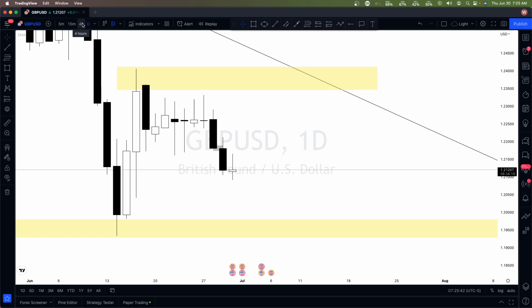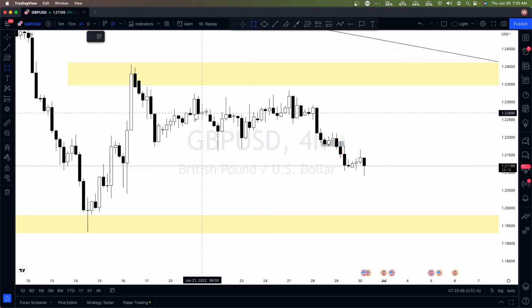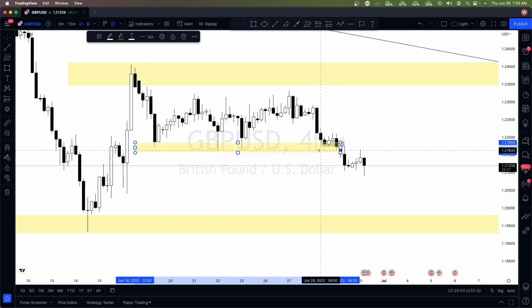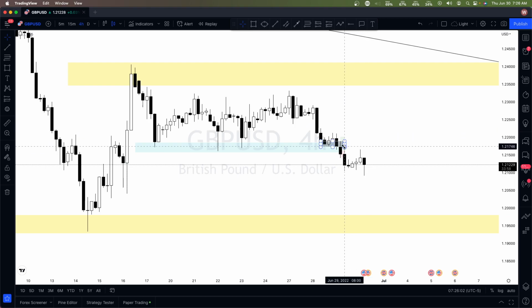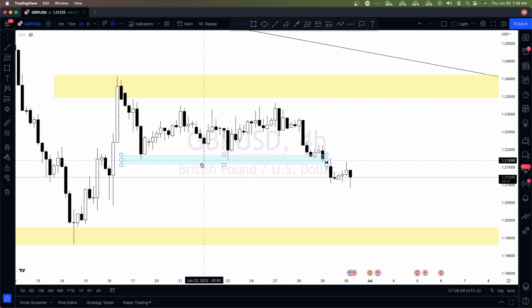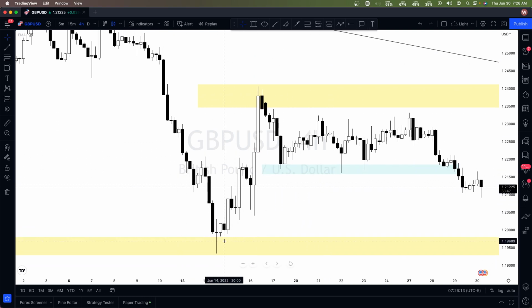So if I go to a 4-hour chart, we can see that we have some action right there. Clean this up a bit. So what I see here is that we came down.